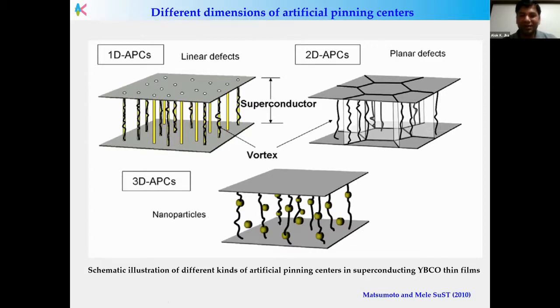So some secondary phase material, if we introduce these into the superconducting matrix, they self-assemble in the form of nanoparticles and not in the form of nanocolumns. So depending upon the geometry of these artificial pinning centers, columnar or two-dimensional or spherical, they have different effects on the critical current properties and its anisotropy.